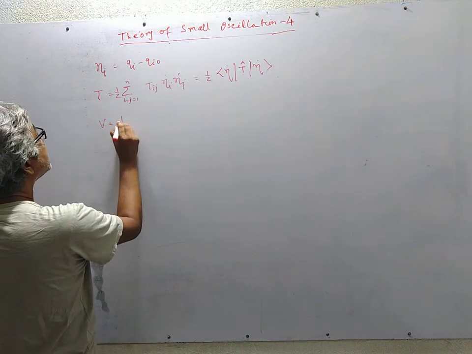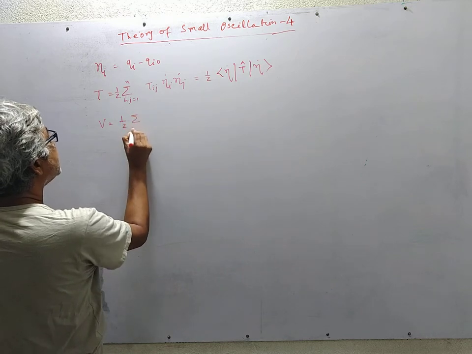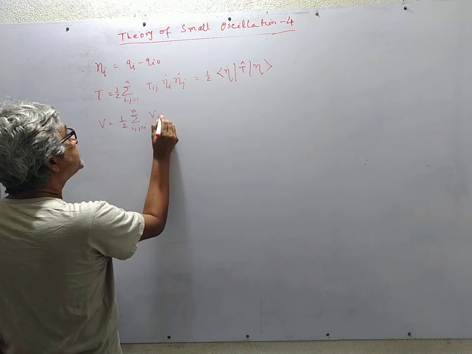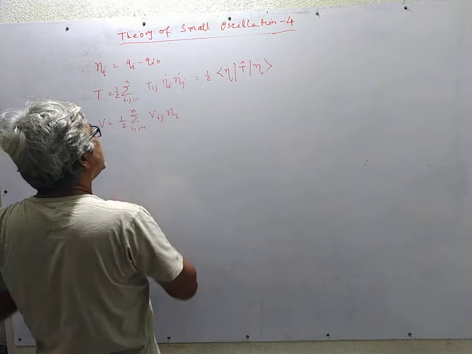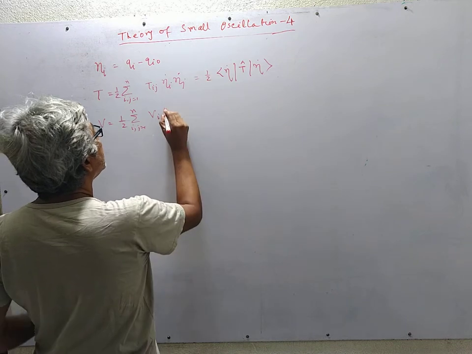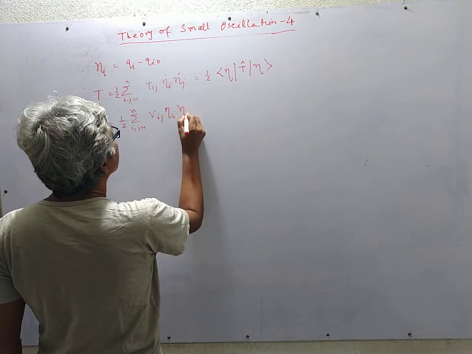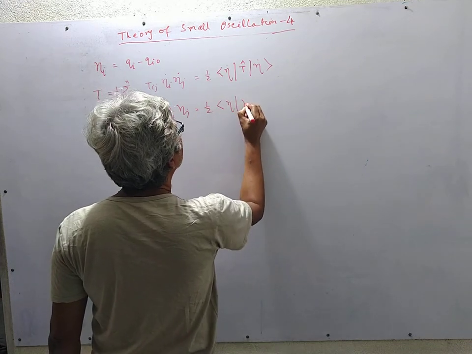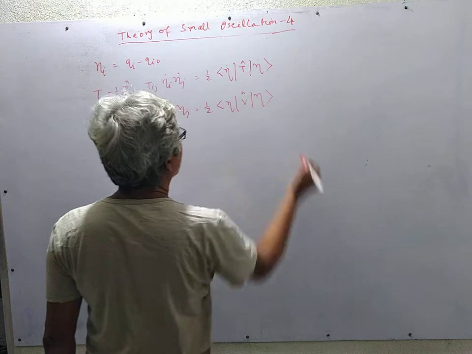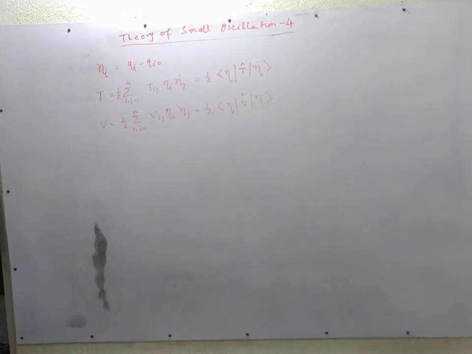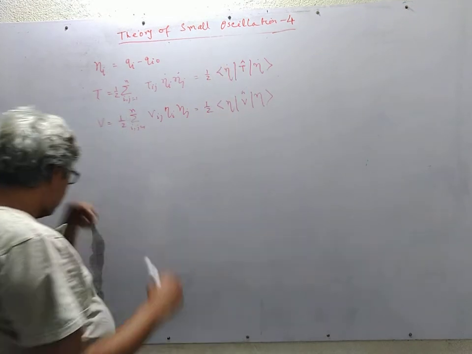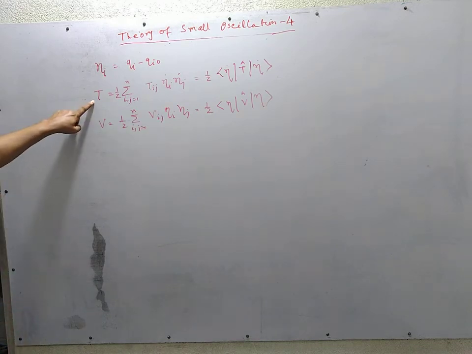Similarly, the potential energy V was written as a summation over i, j equal to 1 to n, Vij eta i eta j, and we wrote it in matrix notation as eta V operator eta, where we have used Dirac's bra-ket notation for representing the matrix; the hat over the quantity represents that it is a matrix and this is the scalar quantity.